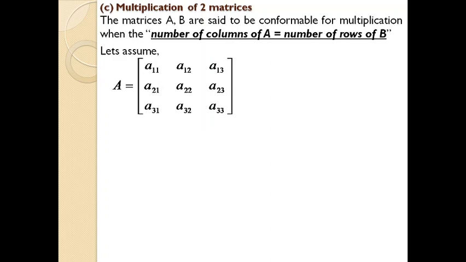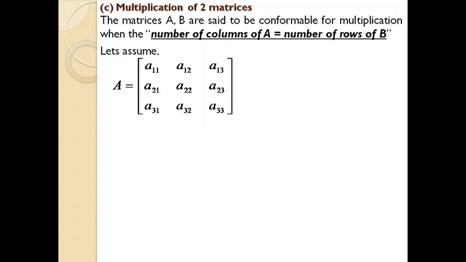A11 represents the first element in the first row. A12 represents the first row, second item. A13 represents the first row, third item. Likewise, all other items are the variable followed by a subscript representing its position in the matrix. I hope you know the meaning of all this. We have discussed all these parts in detail at the beginning of this module.